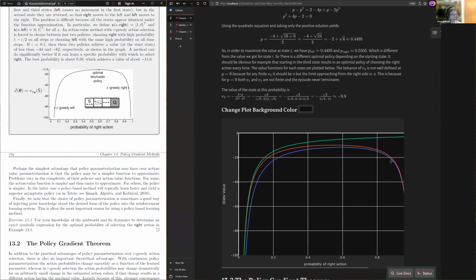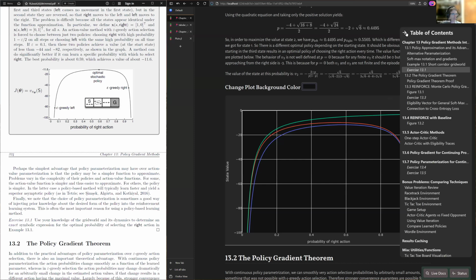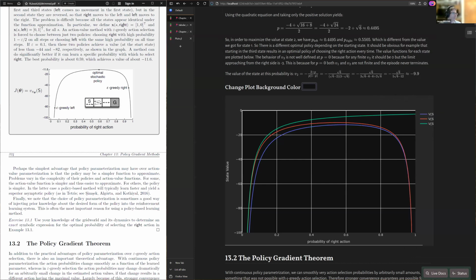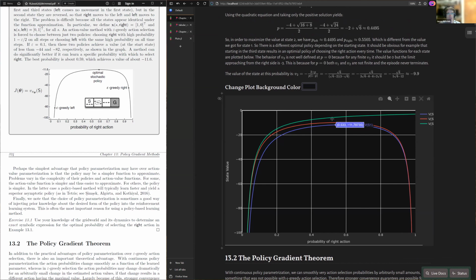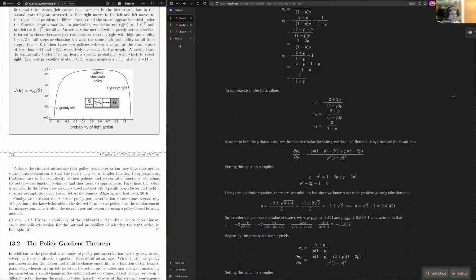So the bottom curve is V1, which has the lowest values, which makes sense. It's the farthest away from the goal. This is the value of V2. And then this is V3, which has the highest values because it's closest to the goal. But this is showing the probability of the right action and the state value you expect for each one.